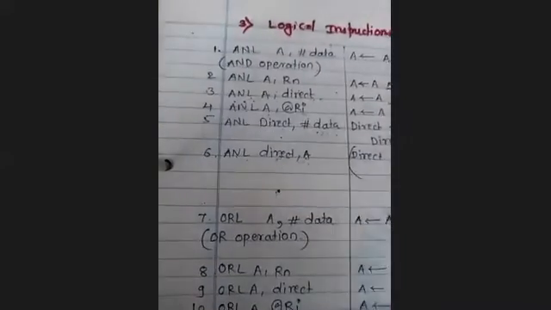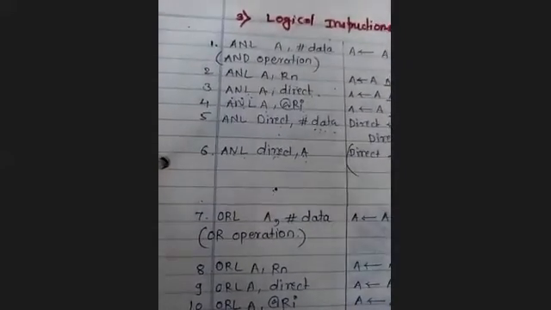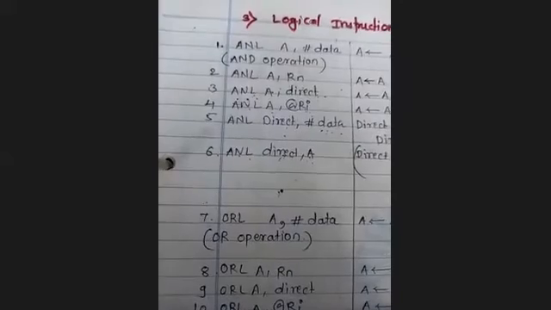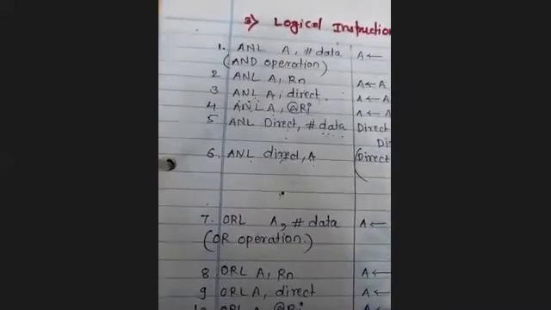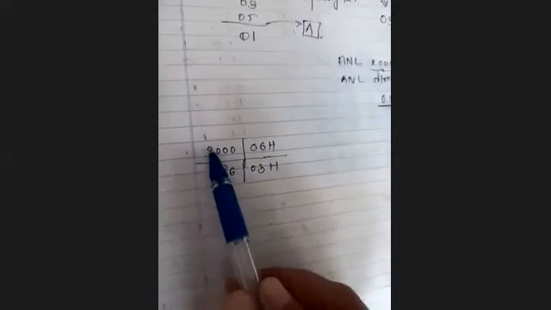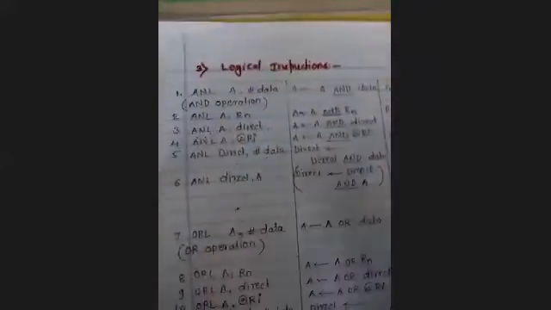Perform the AND operation between these two: one data which is stored at the 300th location and second data which is stored in the R6 register. So you have a total of 6 instructions.